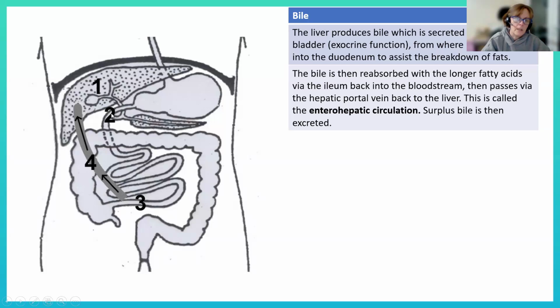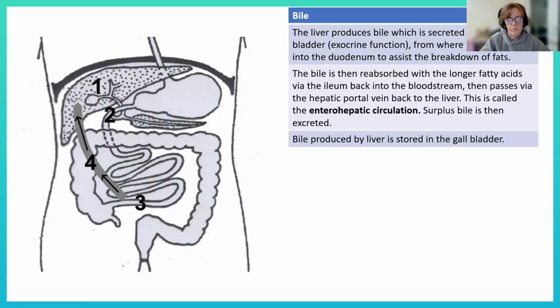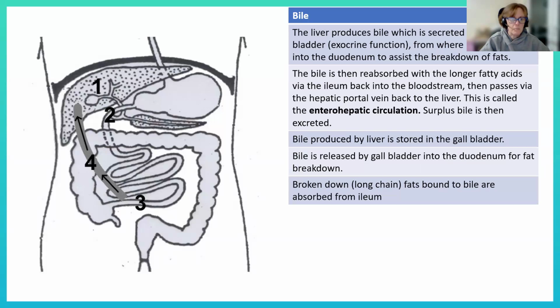And then here we've got the duodenum, number two, and the duct is going straight in there at number two into the intestine. So bile is produced in the liver, stored in the gallbladder, released down into that duodenum for those two functions of breaking down the fat, emulsification, and also neutralizing that content.